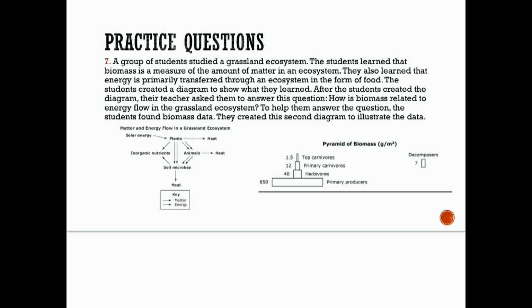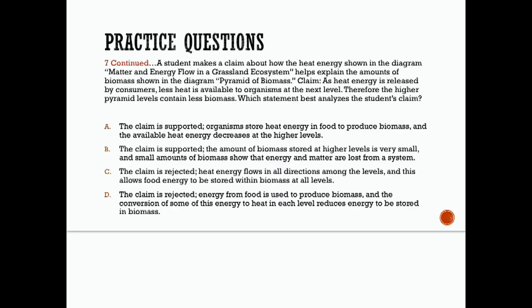Okay, so here's the question. A student makes a claim about how the heat energy shown in the diagram, matter and energy flow in a grassland ecosystem, that was that first one, helps explain the amounts of biomass shown in the second diagram, the pyramid of biomass.